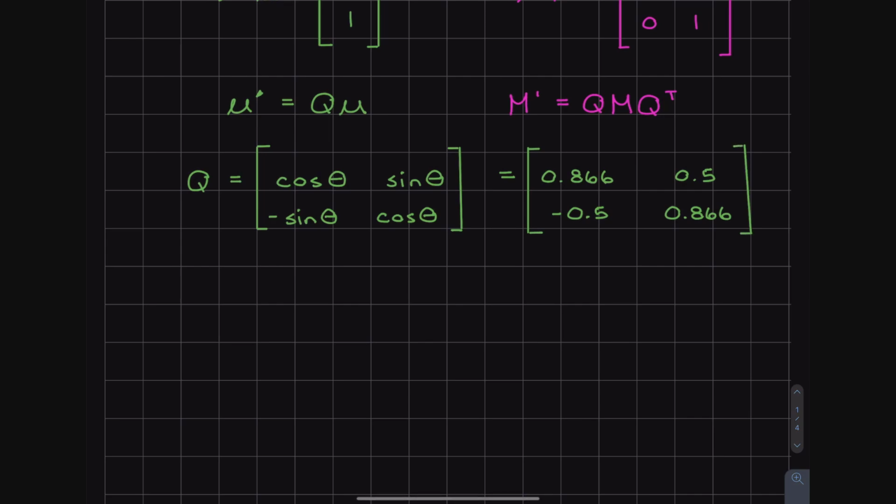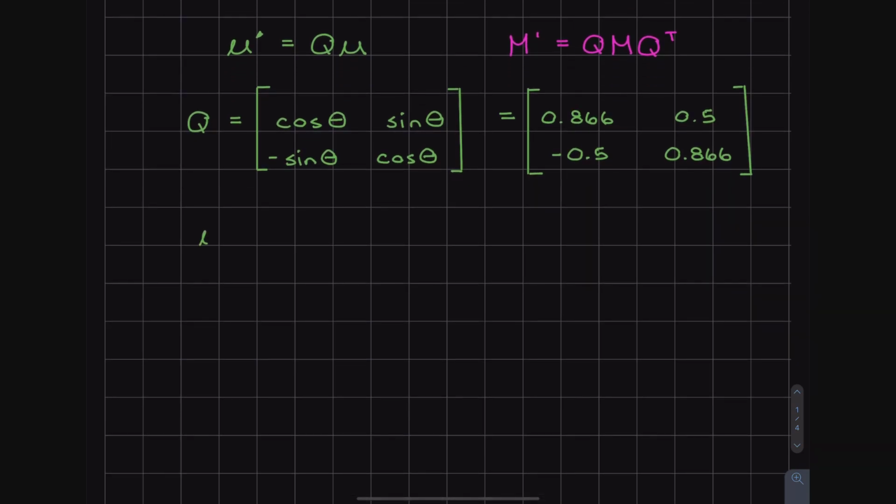So u prime is going to be Q, which we already have, times the vector u. When you multiply a 2x2 matrix by a column vector, you end up with another vector, which makes sense because u prime should be a vector.